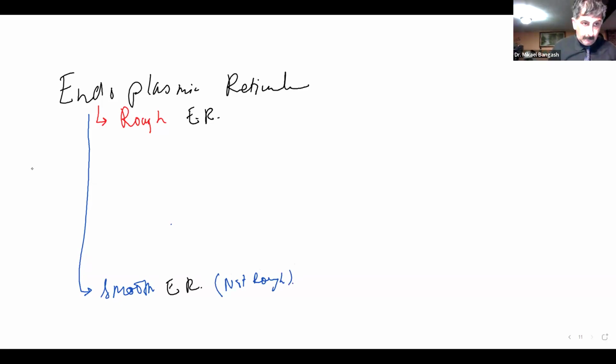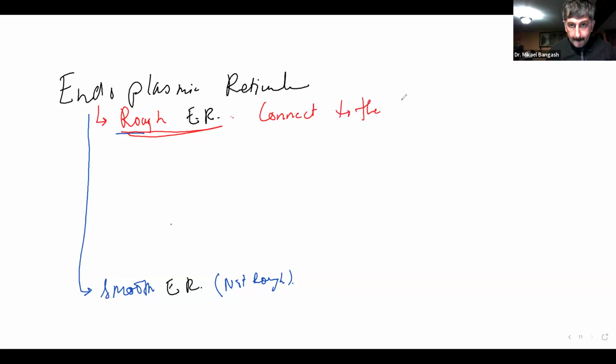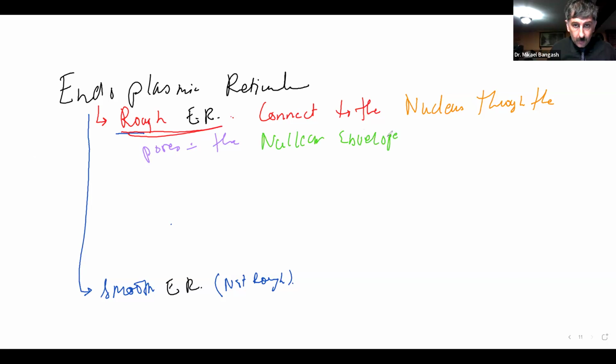But the rough endoplasmic reticulum, we mainly see that it connects to the nucleus, via the pores in the nuclear envelope.